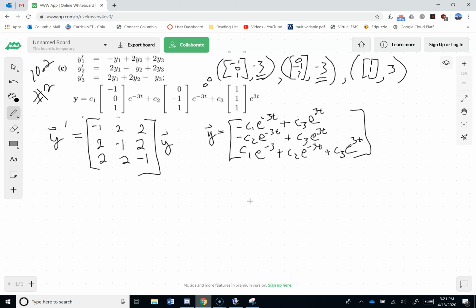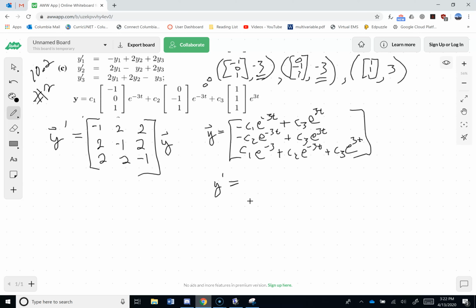Okay, at any rate, I'm supposed to be verifying that this is a solution, right? So to get one of the sides, what can I do? Yes, I can prime the y.